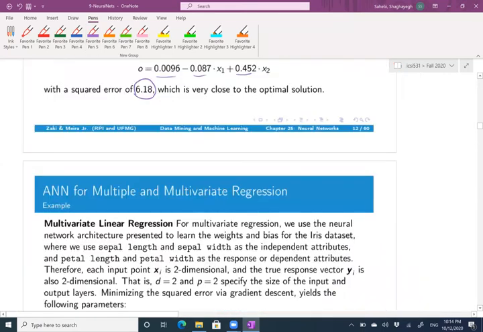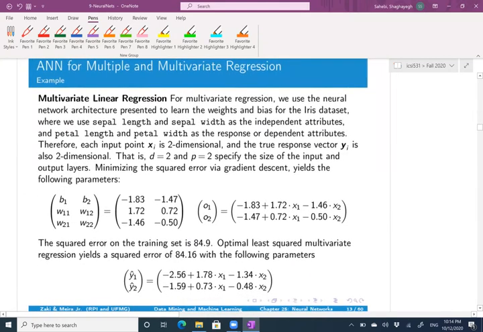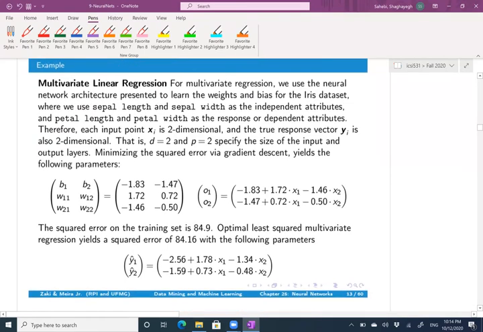Another example is using artificial neural network for multivariate regression. So again, there is this data set of sepal lengths and sepal widths and all of that in our book.